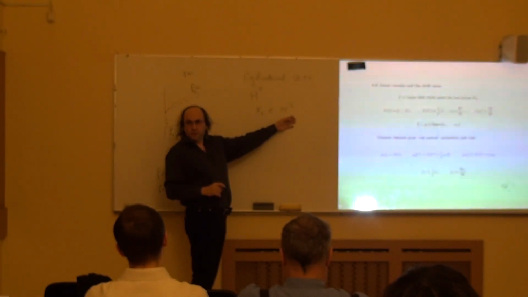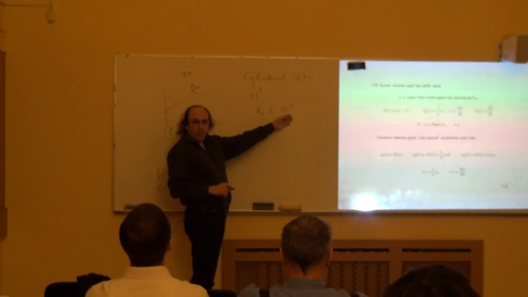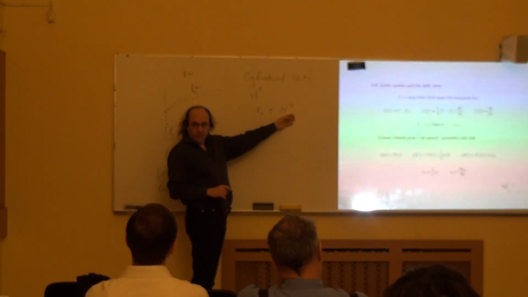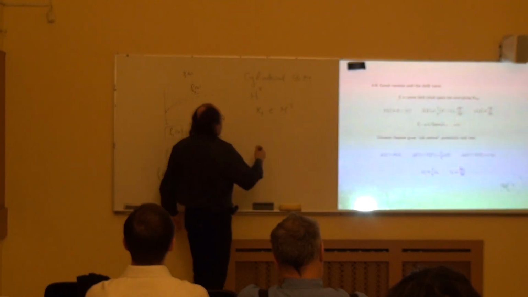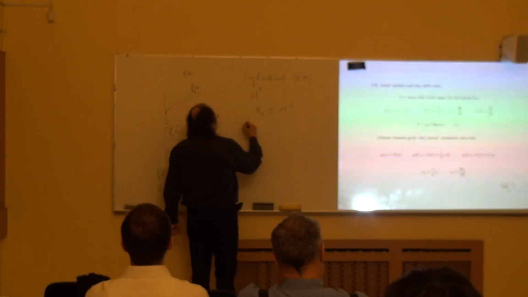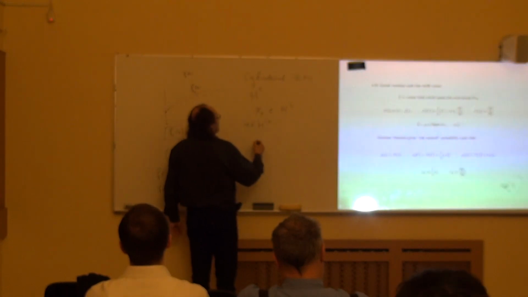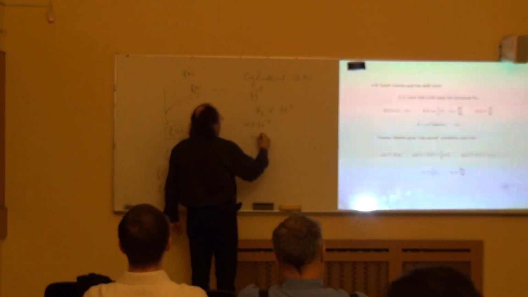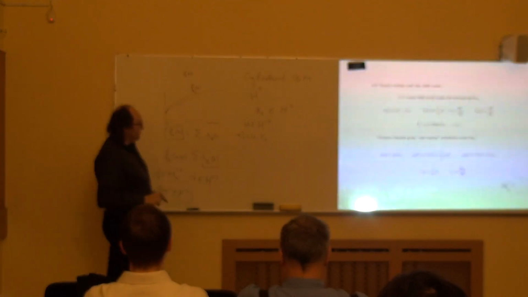But this is difficult to define because this is infinite dimensional, therefore this is not locally compact, and it's difficult to define the process. So one way of doing it is to say, given u in H minus S, I can define u(X), so X that we call u_t is u(X_t).